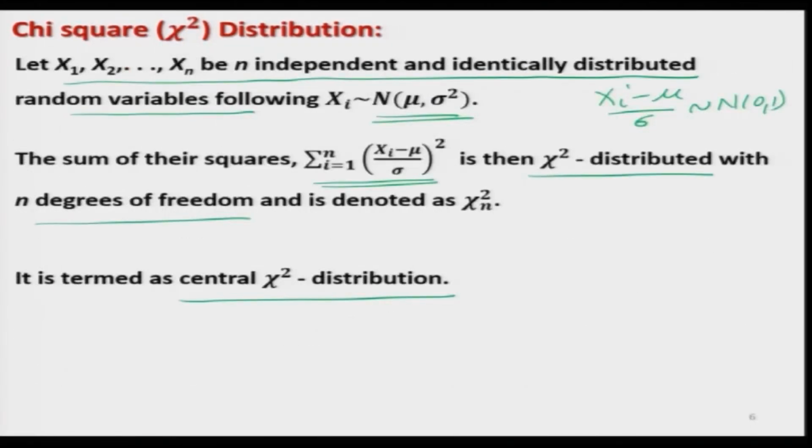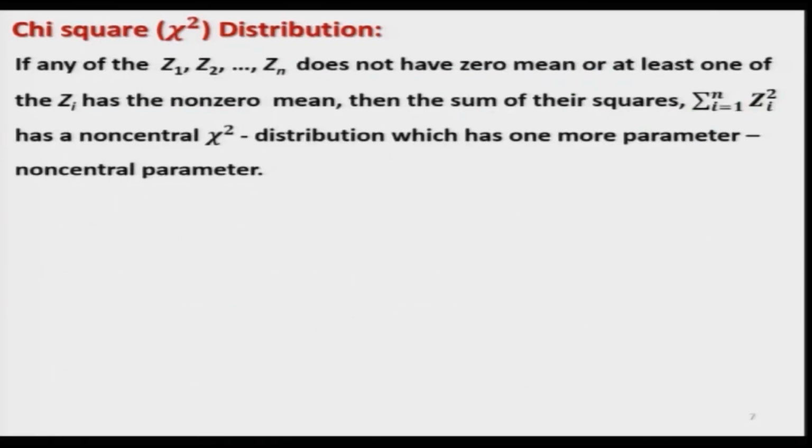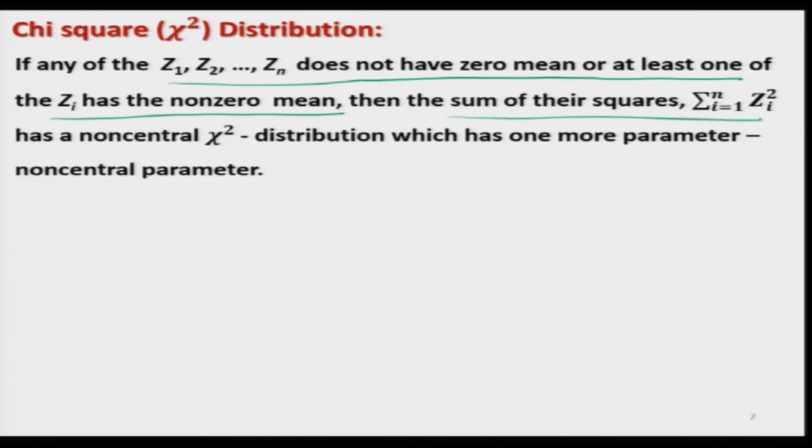So let me give you an idea of what this non-central chi square is. If any of Z1, Z2, ..., Zn does not have zero mean, or at least one has a non-zero mean, then the sum of their squares, that is summation i goes from 1 to n of Zi square, has a non-central chi square distribution.